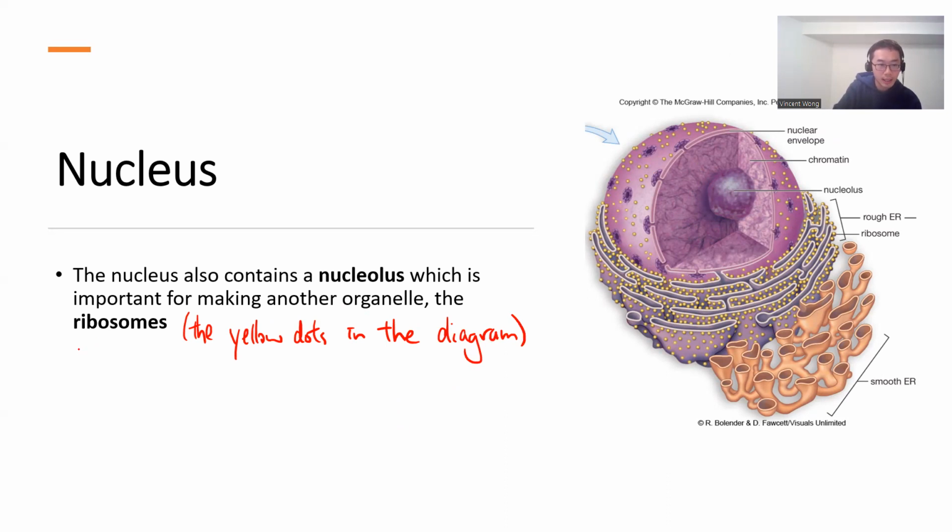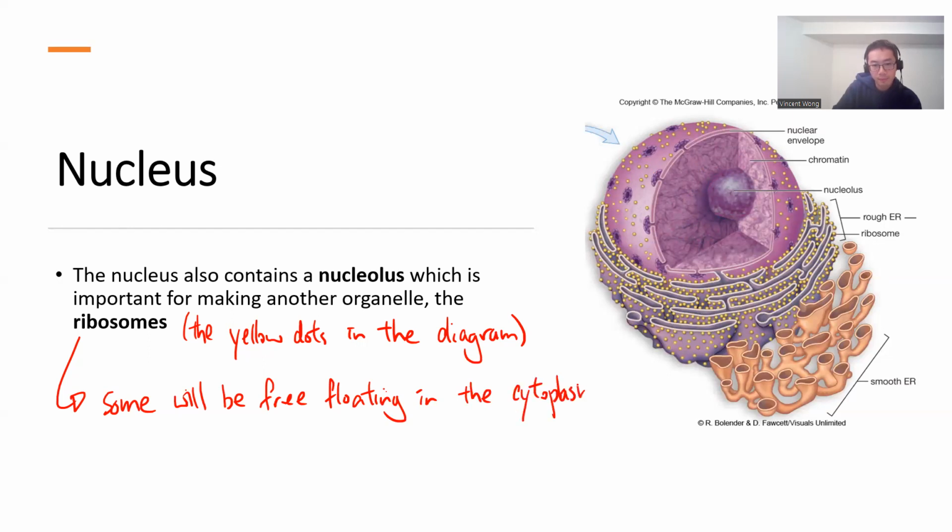Okay, so like I told you, some will be free floating in the cytoplasm. Others will be stuck to a network, which I haven't told you what it is called yet.